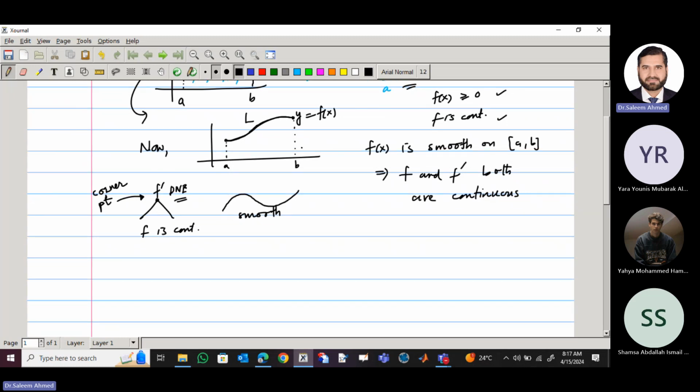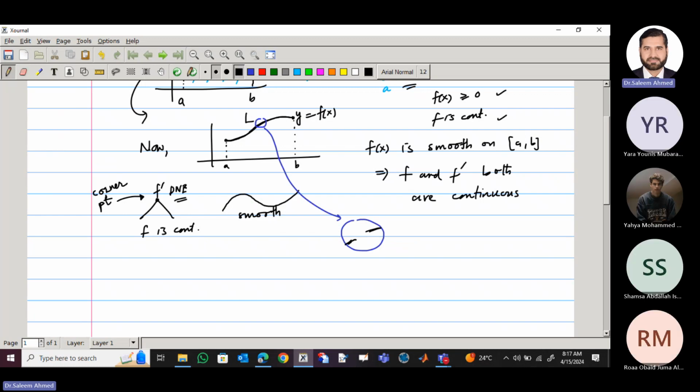So how to find the arc length? What we do is pick a small piece. Let's say I pick a small piece here and zoom in on it. This is the piece of that curve.